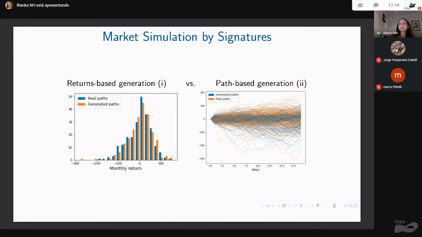And what we will see is that the signature-based generation actually converges much faster with much less input data and much more precisely. So this is one of the results that we will observe in this presentation.